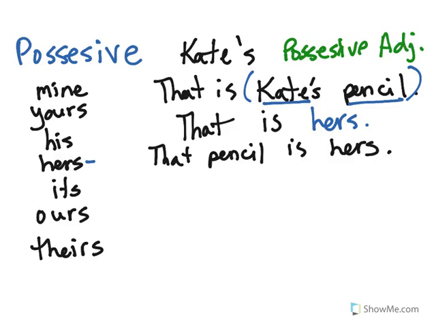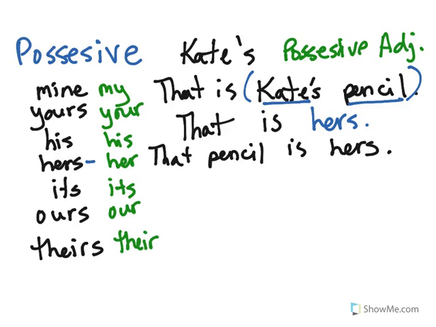They function like adjectives. Adjectives are words like beautiful or smart or tall or short, and they modify nouns. So possessive adjectives do the same thing that regular adjectives do. They modify nouns. But they look kind of similar to the possessive pronouns. So here are the possessive adjectives. My, your, his, her, its, our, their.